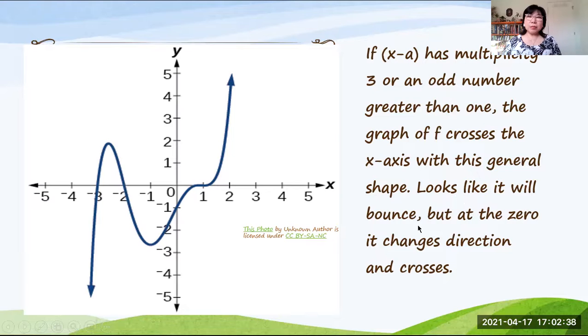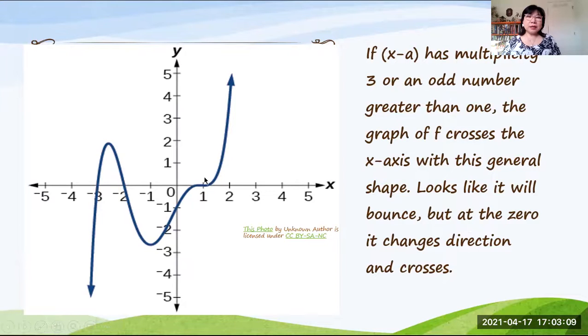Looks like it will bounce, but at the 0, it changes direction and crosses. So what are we talking about? I can tell you the first scenario right here is a function from left to right. It has a multiplicity 1 at x equal -3 and x equal -2.